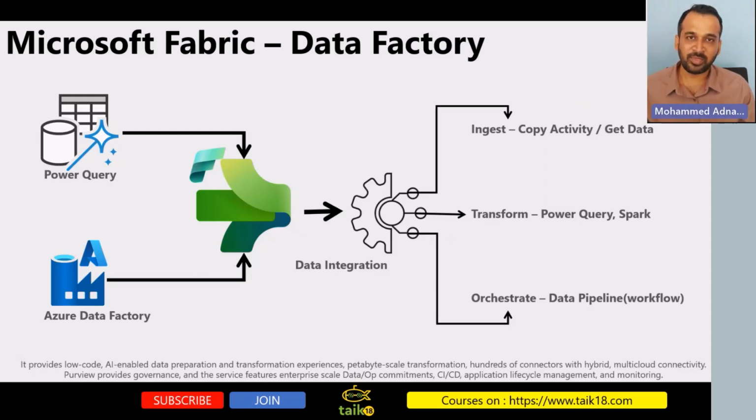The benefit of using Fabric is that we have multiple languages, so based on the skill set available in your organization, you can make use of this functionality. I'm a SQL person, so I prefer to go with either Power Query or SQL. I can make use of Spark SQL, or I can make use of a Spark notebook if I have knowledge of Python. So that's a beautiful thing. I can make use of any technology which I have knowledge of.